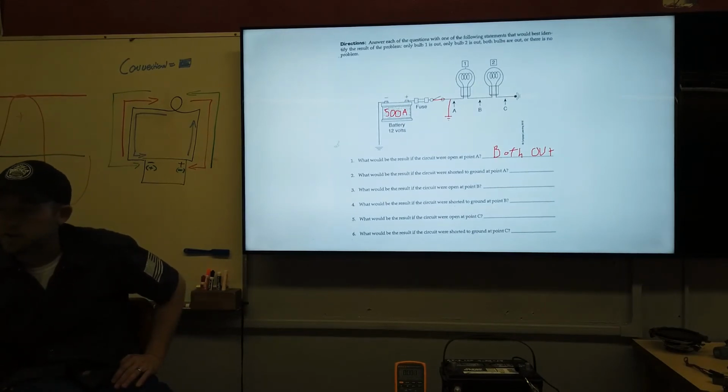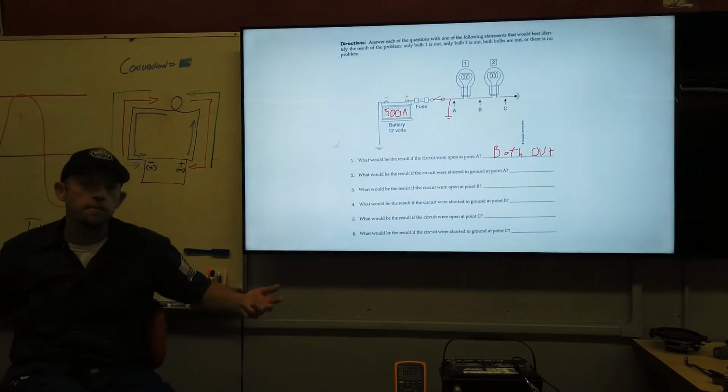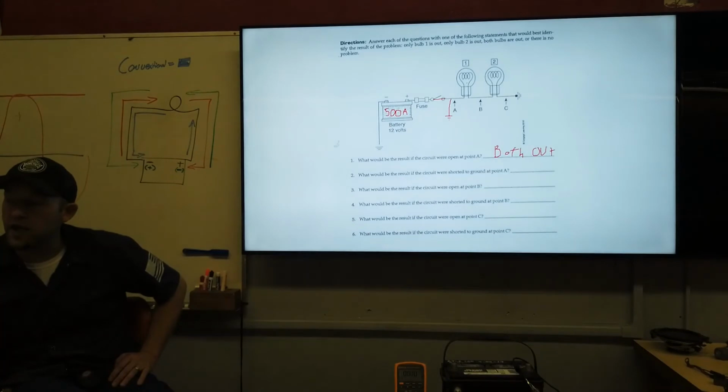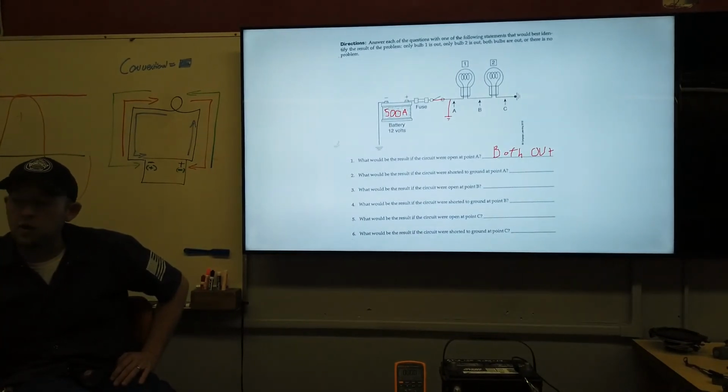So the total resistance this way is 2 plus 2, or 4, right? But what is the resistance of this short here now? It's next to none, right? So what will happen in a short like this is that the majority of 500 amps is going to try to go here. Some of it will go here. Electricity moves at the speed of light. So some of it's still going to try to go here because this is now a parallel branch. But the majority is going to go here.